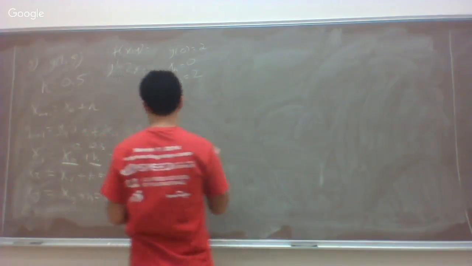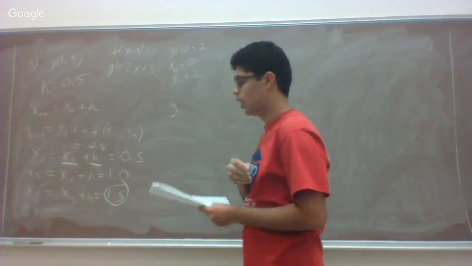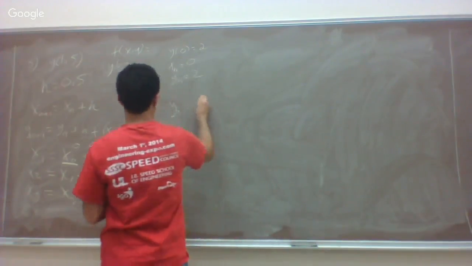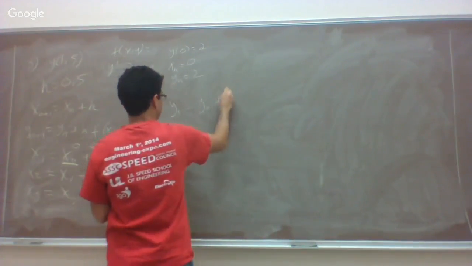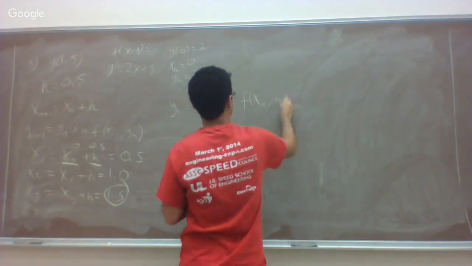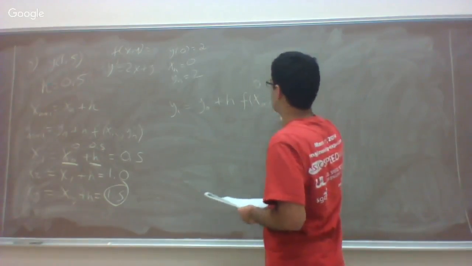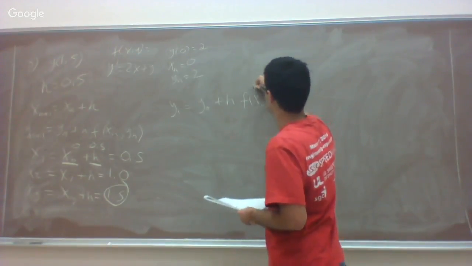This is where, when you have y, that's where the math really comes in. Y of 1 is equal to y sub 0 plus h times a function with x sub 0 comma y sub 0. So my x sub 0 is 0, y sub 0 is a 2.